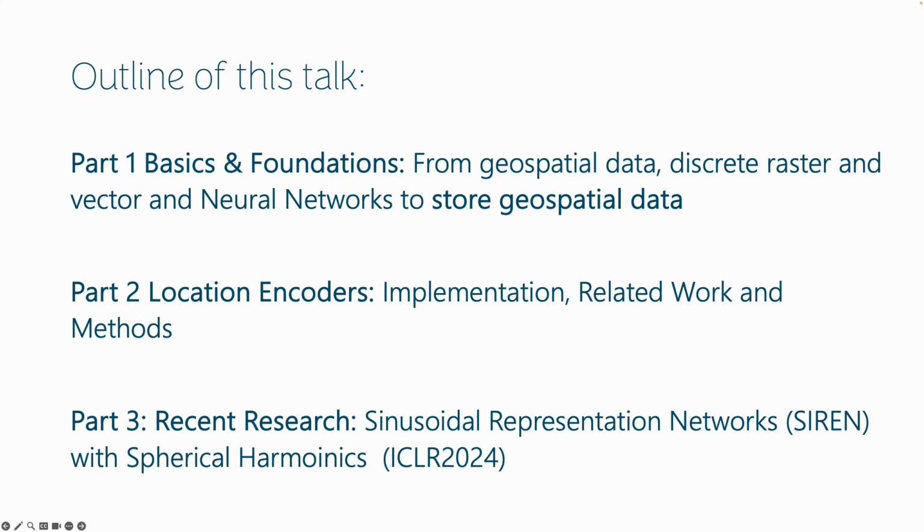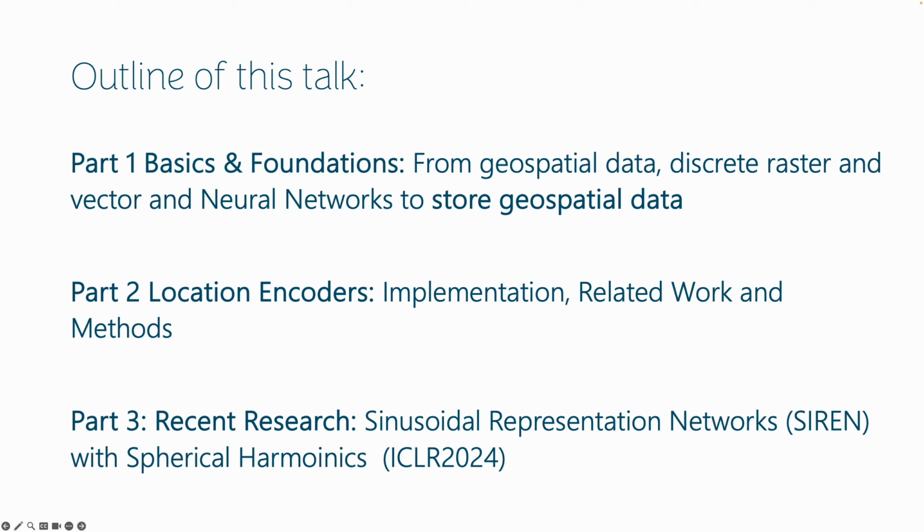So let's get started. I will be talking about 3 points. In the first part, I will cover basics and foundations and talk about how geospatial data can be stored in general as raster vector data, and how we can use neural networks to store geospatial data.